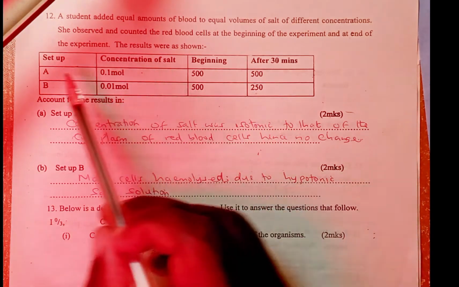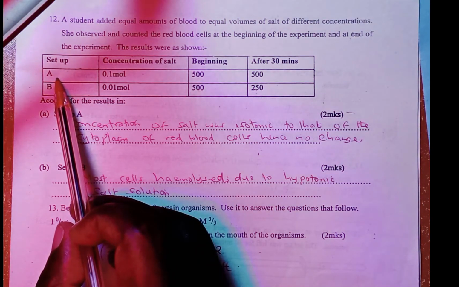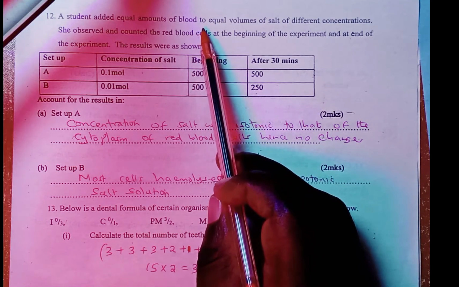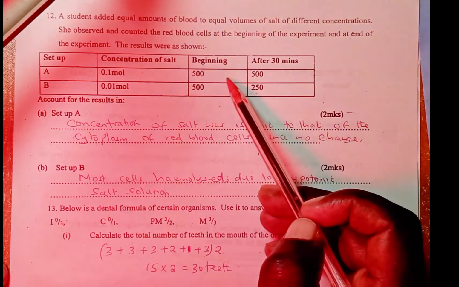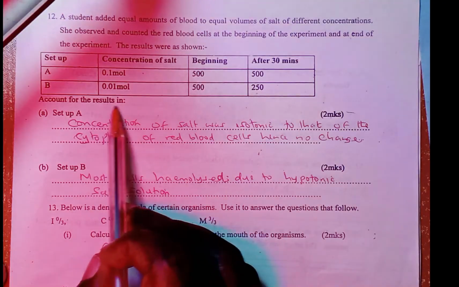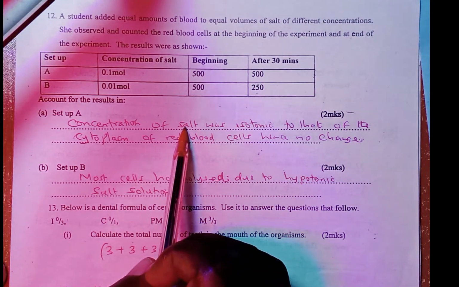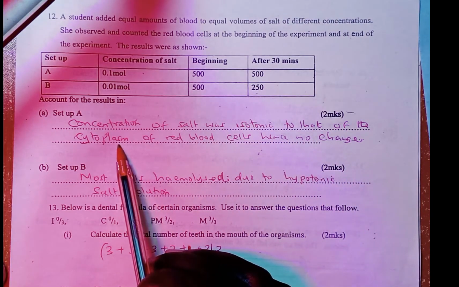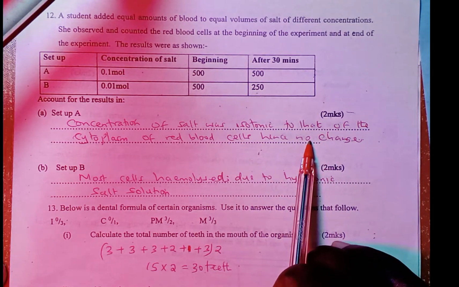That tells you the concentration in setup A, that is the concentration of the blood, is equal to that of the solution, and therefore we are supposed to account for the results in setup A. We realize that the concentration of the salt was isotonic to that of the cytoplasm of the red blood cells, hence there is no change.